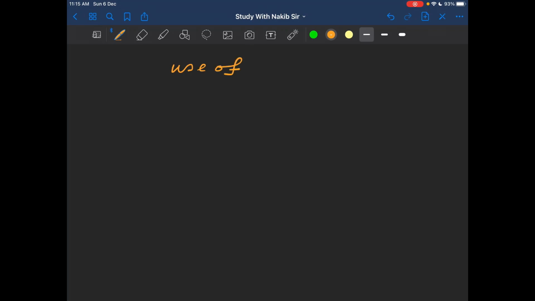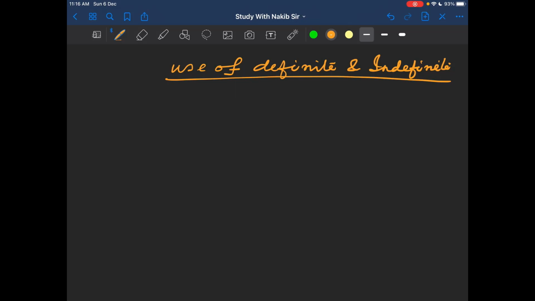Use of definite and indefinite articles in English. It is generally said that a singular common noun or a singular count noun should have an article before it.